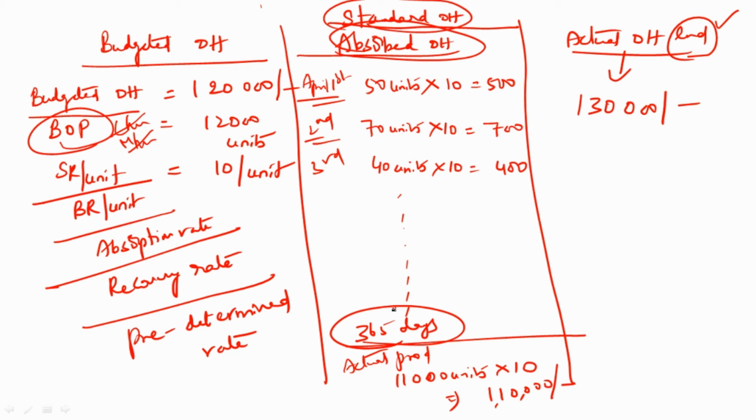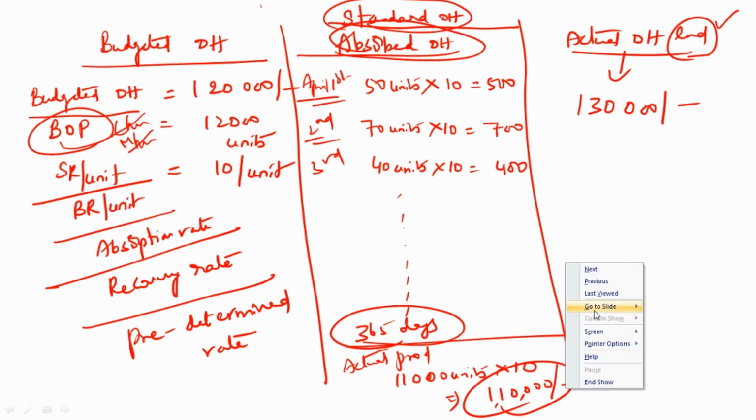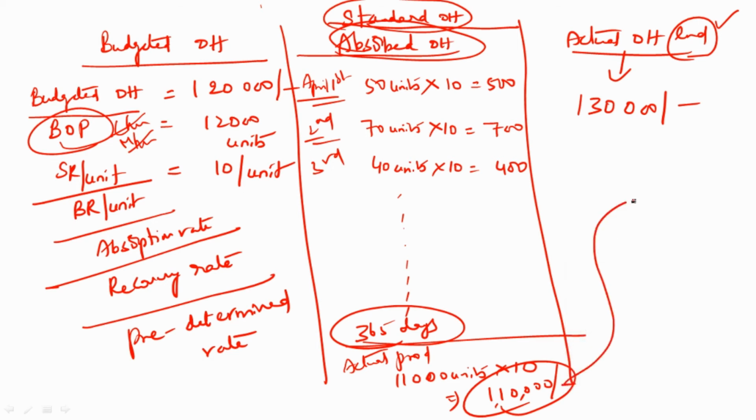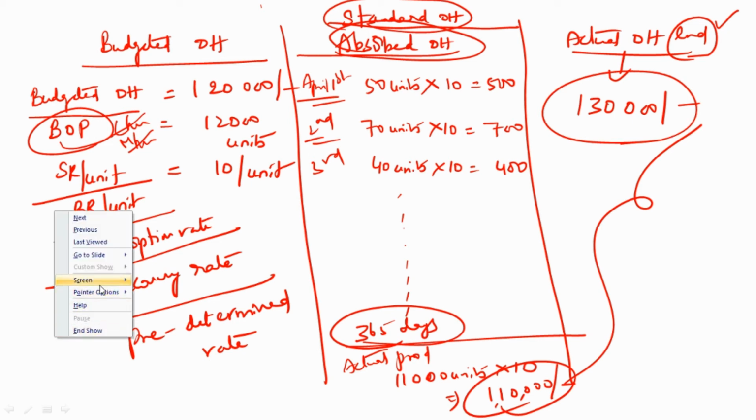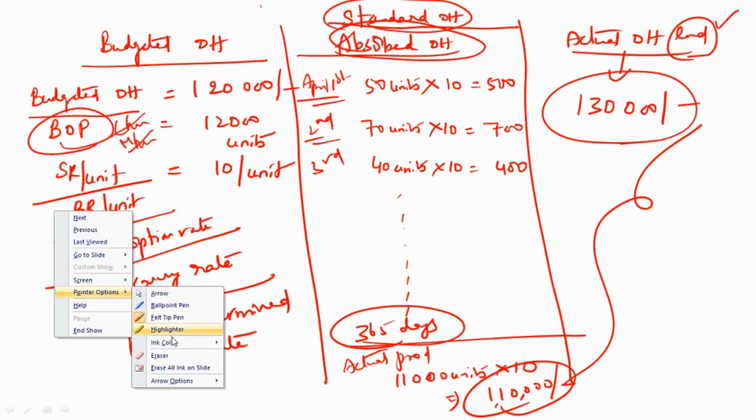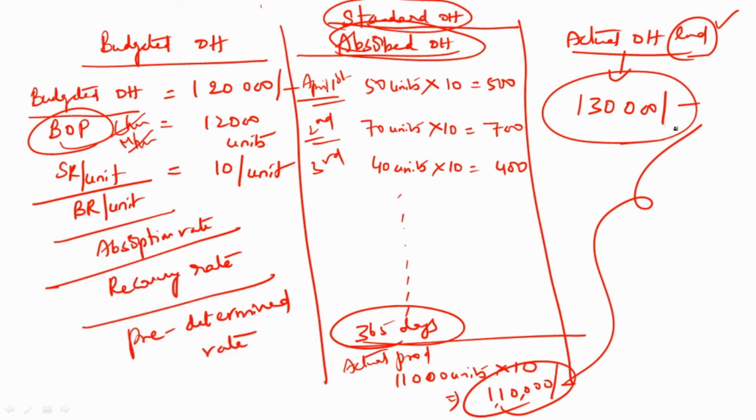Okay. So now what happens? You compare this absorbed overheads with actual overheads. You compare this absorbed overheads with what? Actual overheads, right? So if you compare, what do you understand here? This is what you should have debited in costing P&L account, or this is what you should have absorbed.